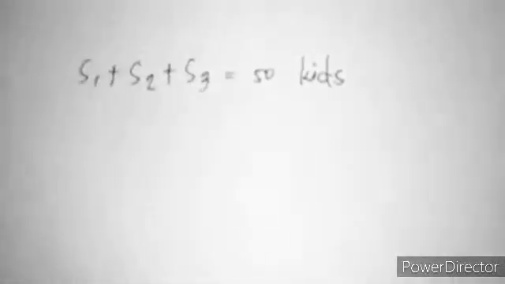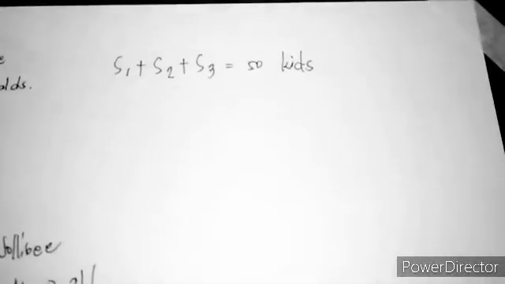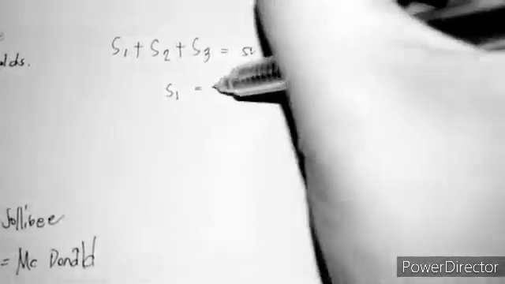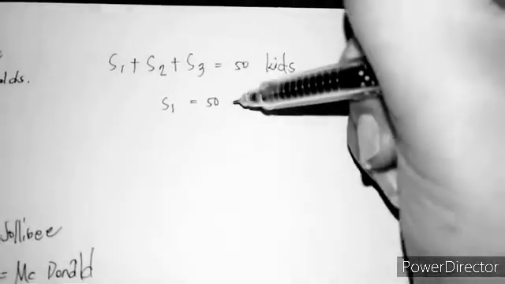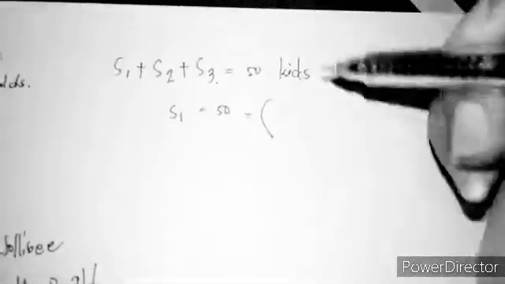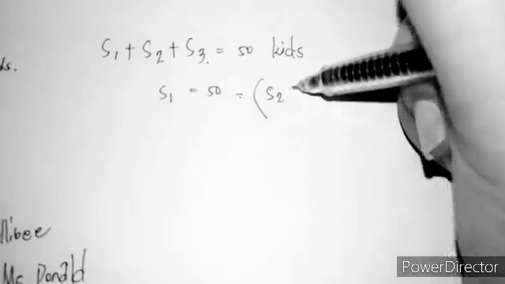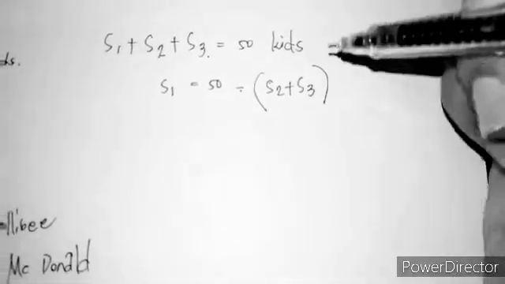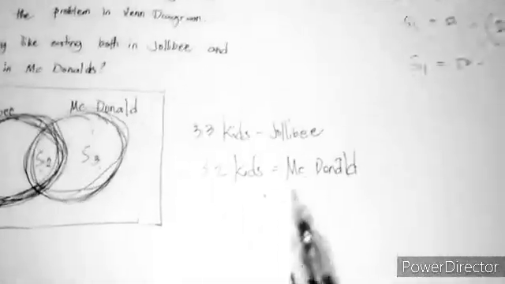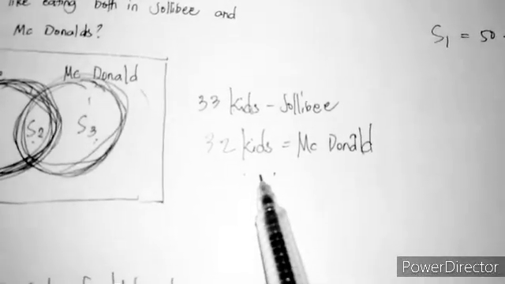Let's move on. How to solve S1? S1 is equal to 50 minus, because we moved S2 and S3 to the other side, so it becomes negative. So S1 equals 50 minus S2 plus S3, and S2 plus S3 is 32 kids.